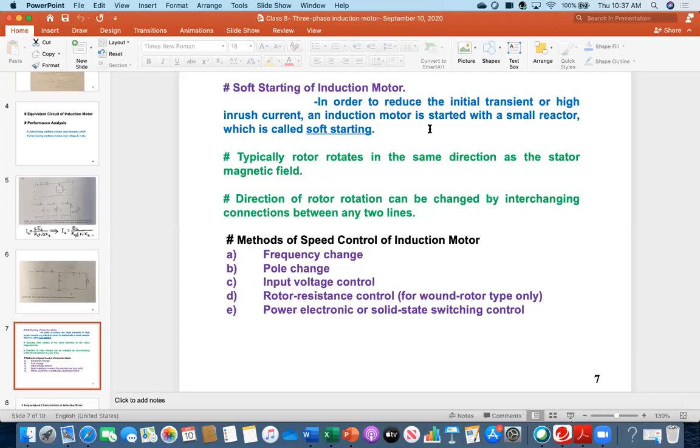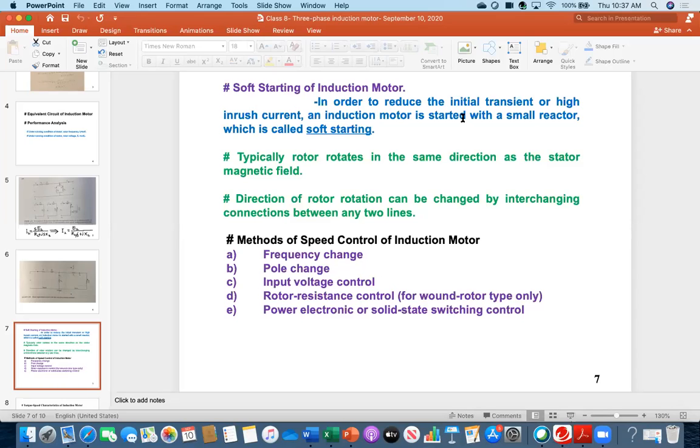So probably you could remember, in case of transformer, I was discussing the high inrush current. Can you remember that I told that if you suddenly energize a transformer with three-phase lines, then the current goes very high. Transient happens, then subtransient, and finally it goes away. But the initial current could be 8 to 10 times or even much higher than the rated value.